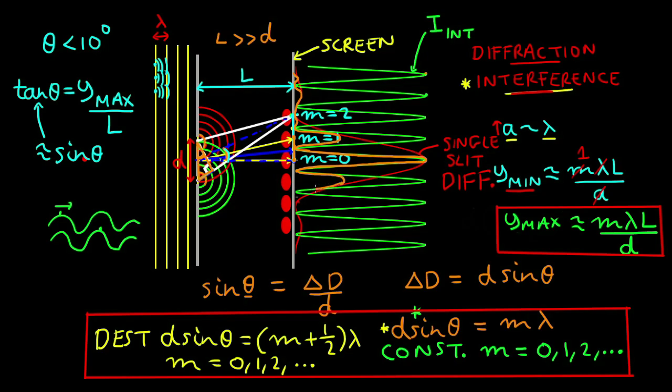And we have the same thing on the other side. So that's the intensity we expect when we consider both diffraction and interference in a double slit experiment. So the intensity of these bright spots drops off.